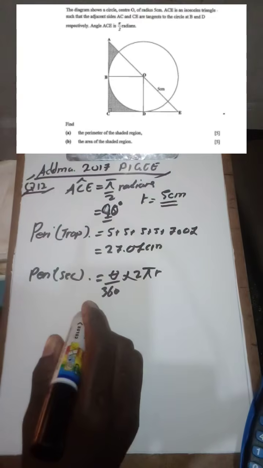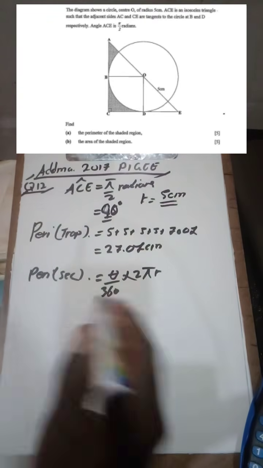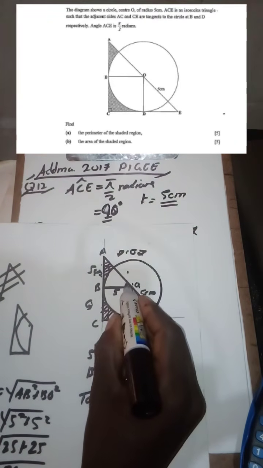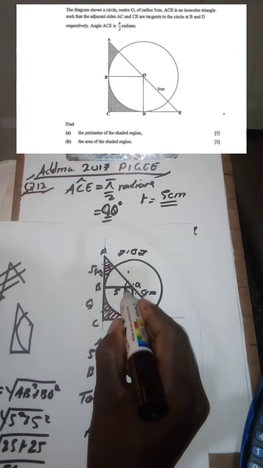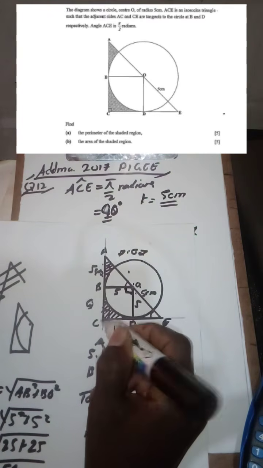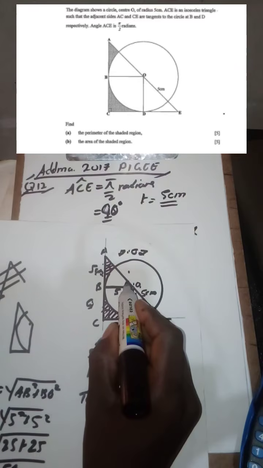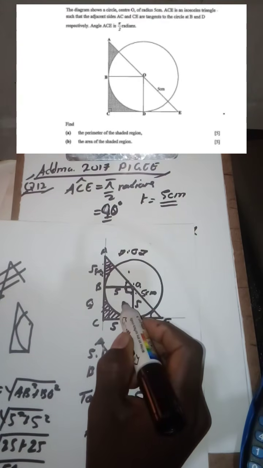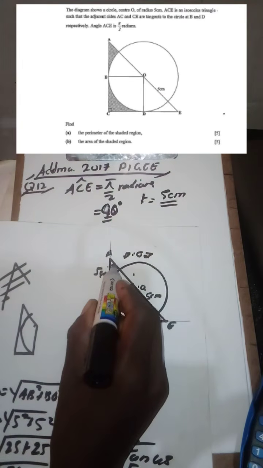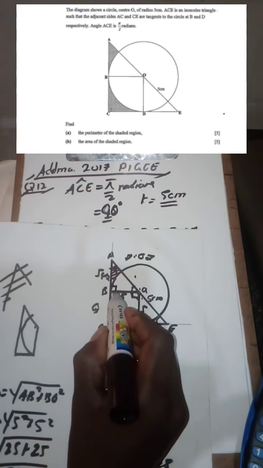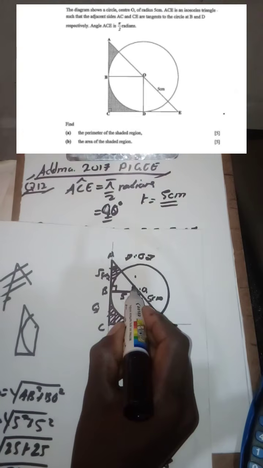So the angle that we have here, for you to know the angle that is here, this angle that is here is 90 degrees. So now the question is, what angle is here? So again, here it comes back. Here you have 90 degrees, and here you have 45, and here you have 90 degrees, meaning even this one is also 45.